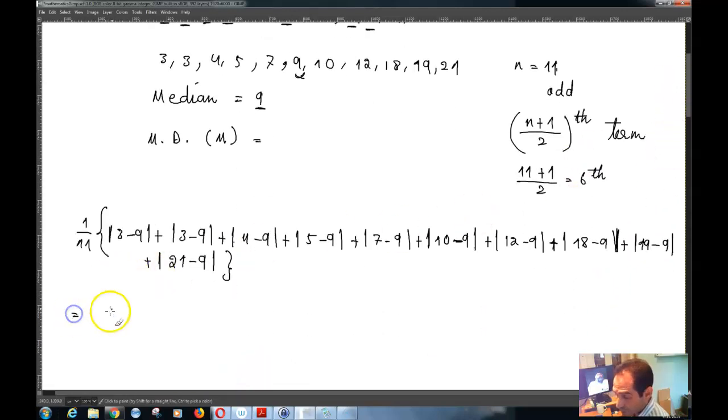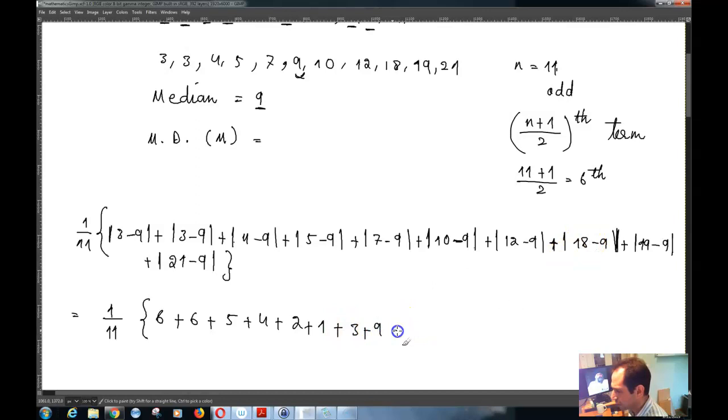And that is equal to 1 divided by 11 times, that's 6, plus again 6, that's a 5, that's a 4, that's a 2, that's a 1, that's a 3, that's a 9, that's a 10, and 21 minus 9 is 12.